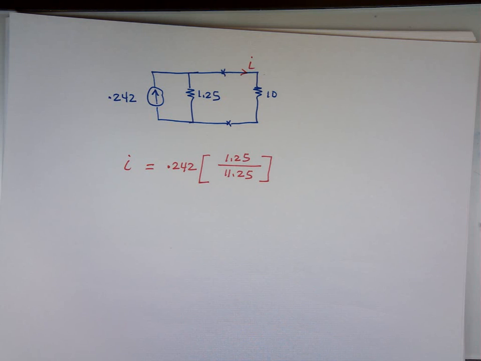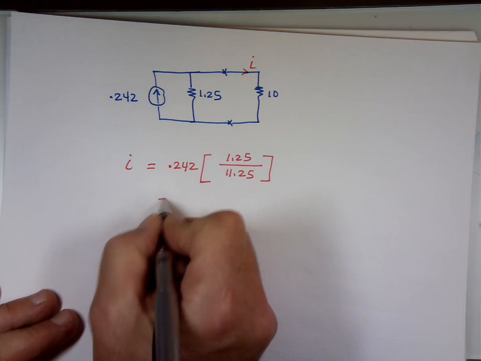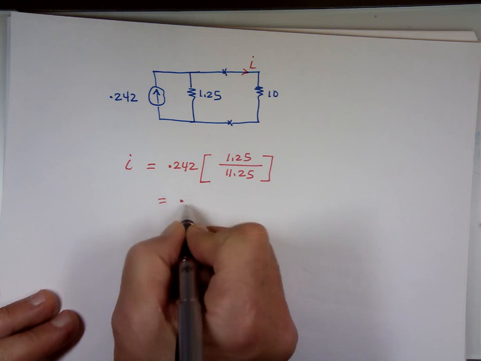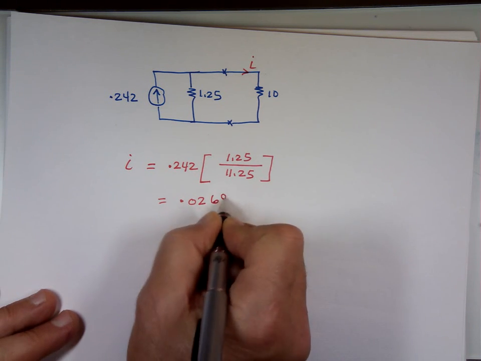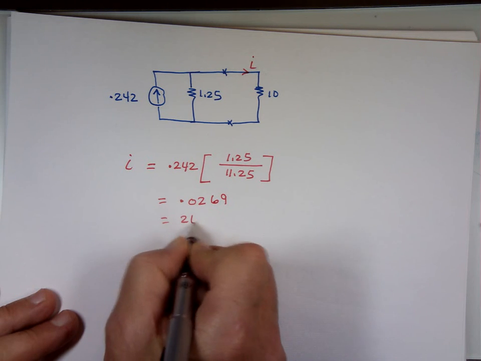So times 1.25 divided by 11.25. And it is 0.0269. That's roughly 26.9 milliamp.